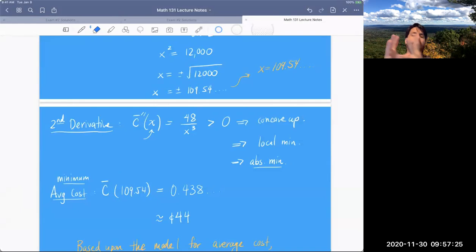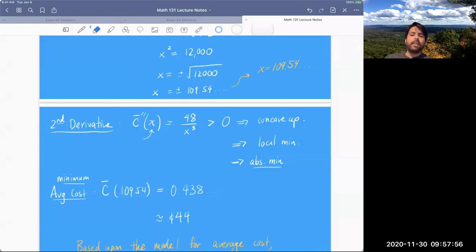Now, taking a step up, we're applying that same method, but now we're dealing with problems that are physical in nature or financial in nature. The functions represent some kind of physical phenomena, such as a stone being thrown up in the air, or some financial phenomena such as average costs.